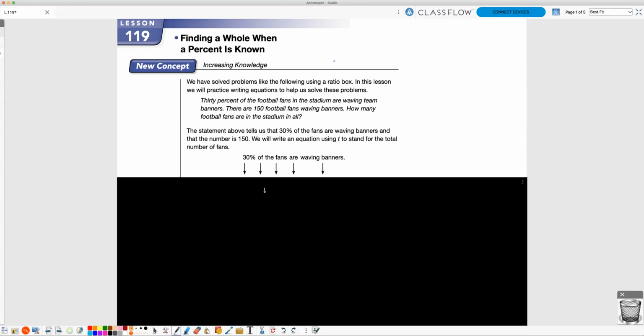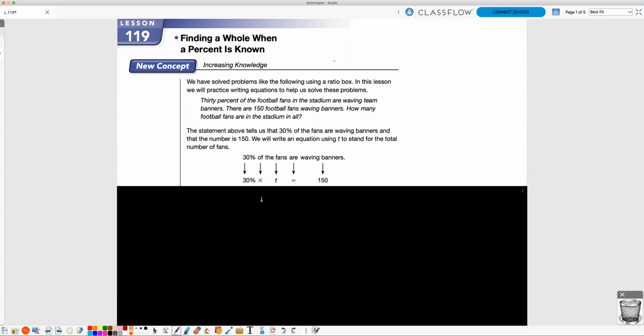So if 30% of the fans are waving banners, you know that 30%, the word of meaning times, we don't know the number of fans in the stadium, so we're going to use the letter T for that. Is the same as equals, and then we know that there are exactly 150 people waving banners.